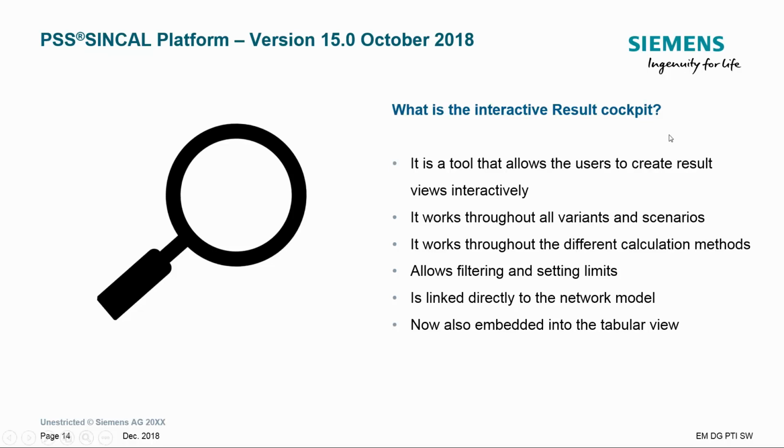So this allows the user to create a result view interactively. It works throughout all variants and scenarios, and also for all the different calculation methods. It allows filtering and setting of limits, and it's linked to the network directly, interactively, and now also embedded in the tabular view.